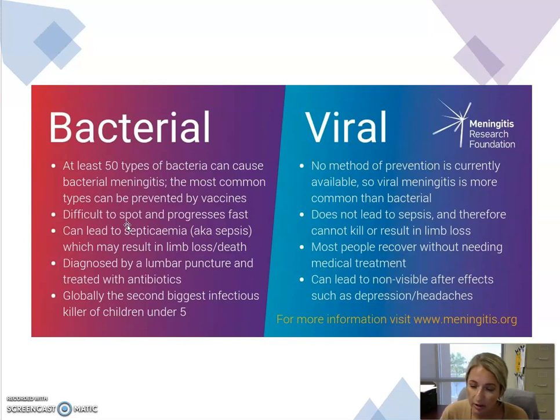Those same toxins can cause blood vessels to hemorrhage, which could potentially lead to organ failure or even amputation. So it is typically a much more serious condition, and it does need to be treated aggressively right away, typically with intravenous antibiotics. It's kind of the opposite with viral.